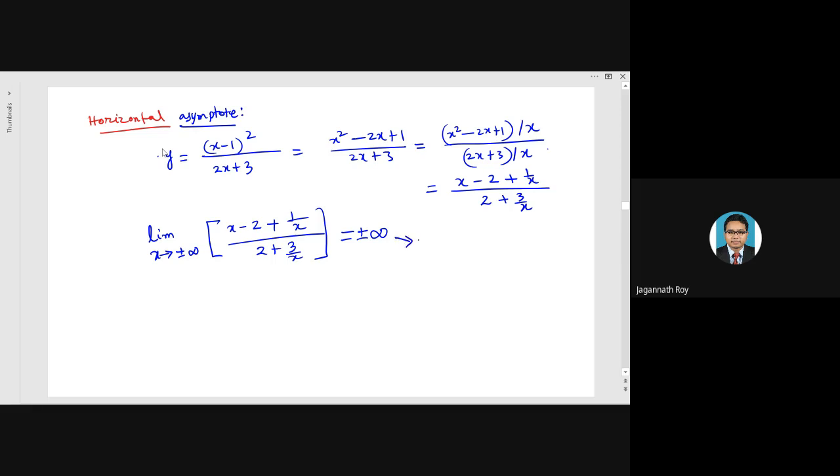It is not a finite number. Because this will go to 0 and this will go to 0, but x is here. So if you allow x to plus infinity, then it becomes plus infinity. If you allow negative infinity, then it will become negative infinity. So the value is not finite.